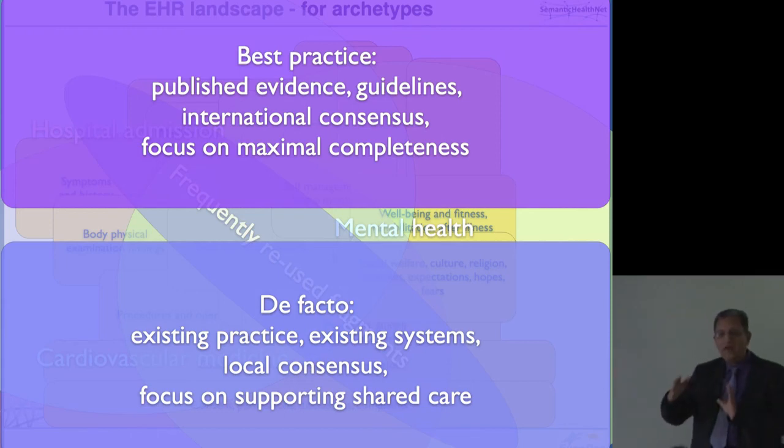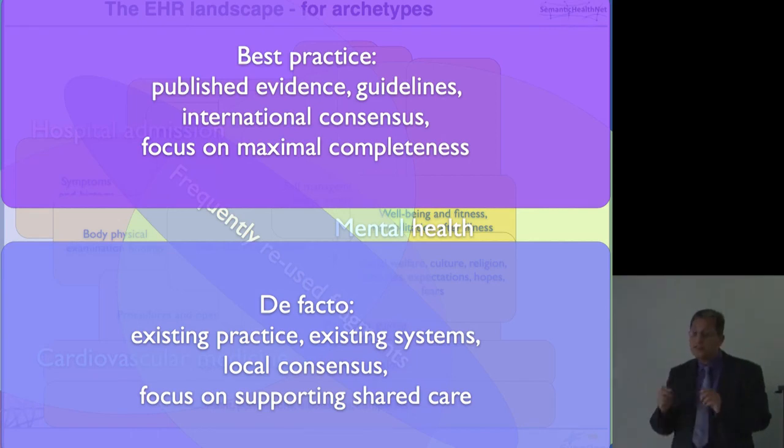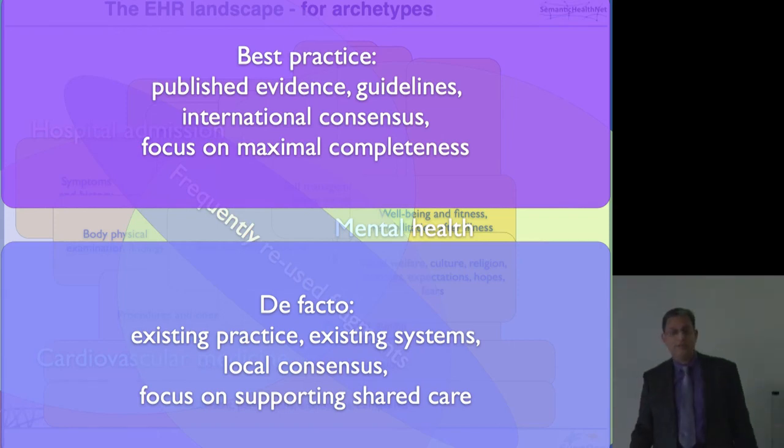So we need to be careful not to position archetypes to be so beautiful, so evidence-based, so perfect, that adoption becomes difficult. Because in the end, it's the junior staff who do most data entry. The people on the lowest salaries with the heaviest workload end up doing most of data entry, and we need to be careful not to position archetypes too severely here.